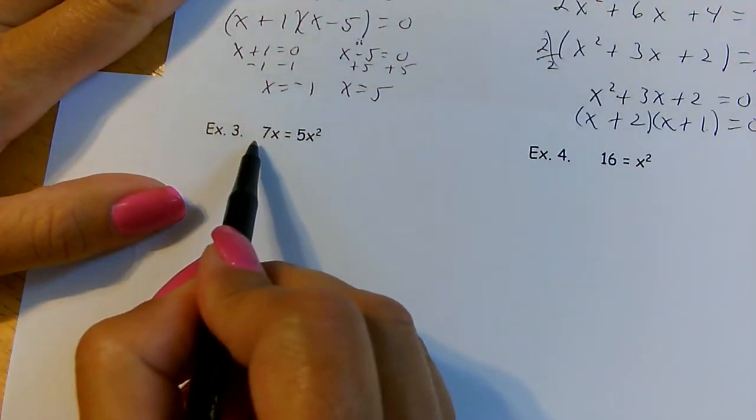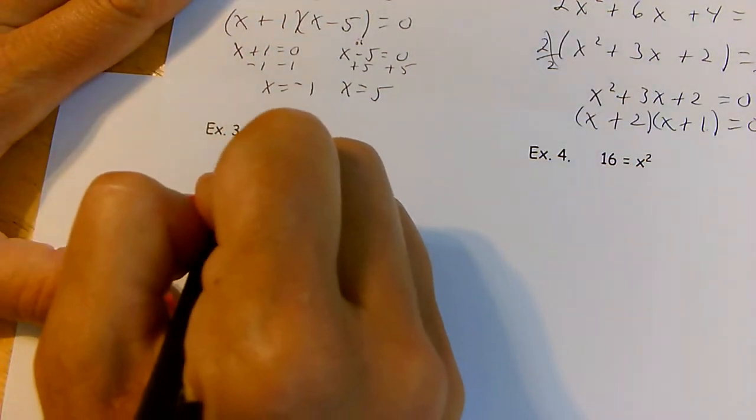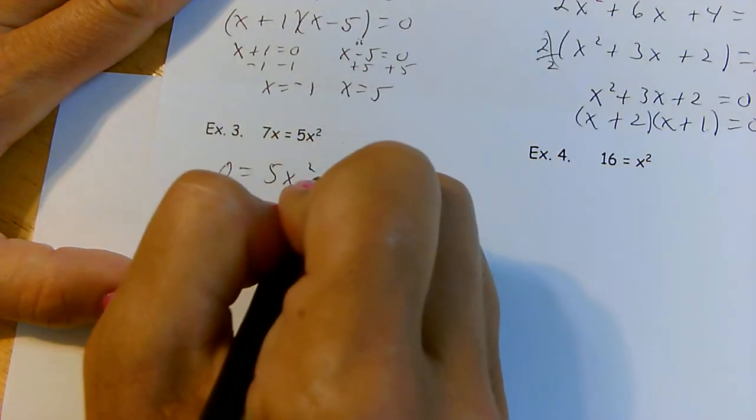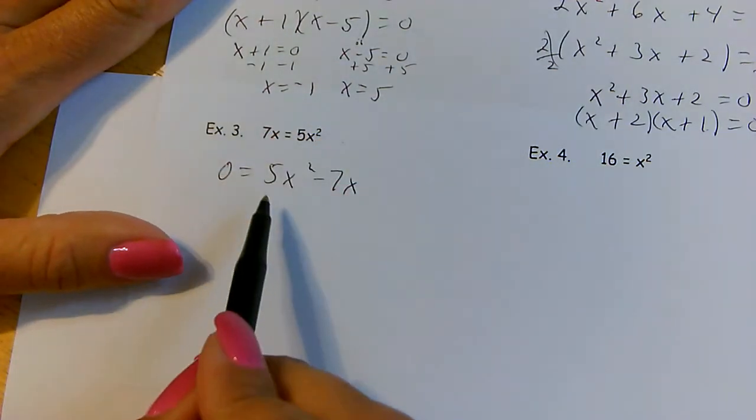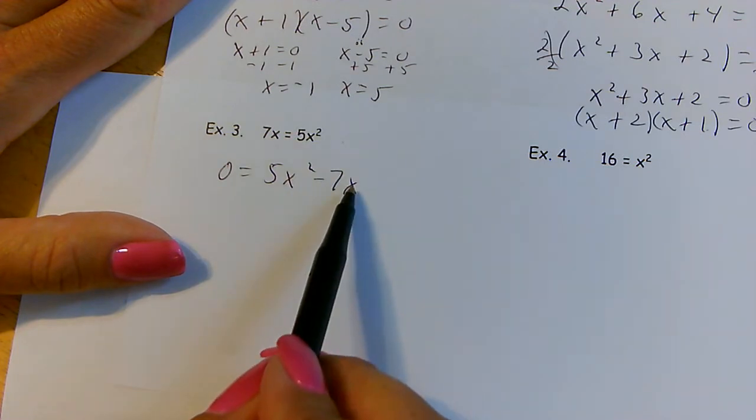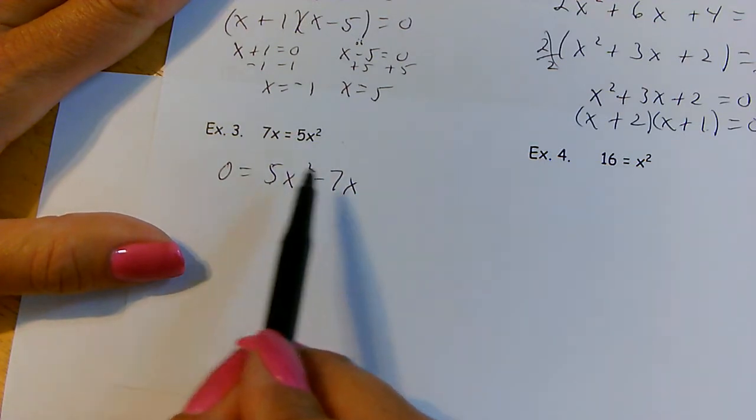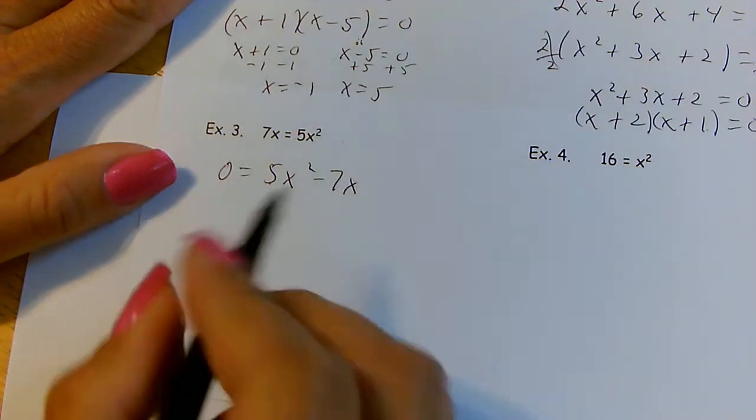So I'm going to bring the 7x over here. It's going to be negative. Alright, so it's in standard form. First rule of factoring, GCF. I have a common x.